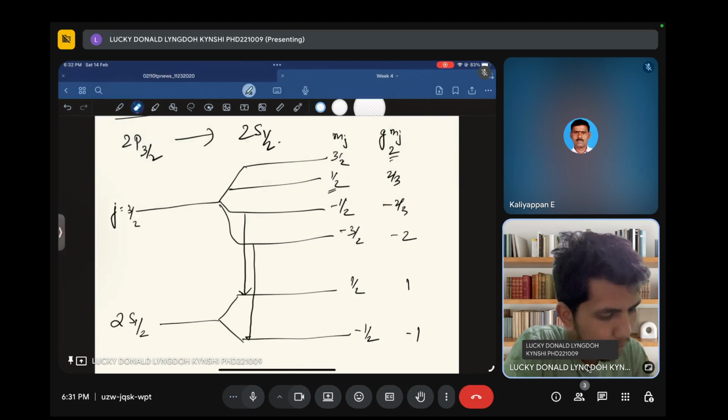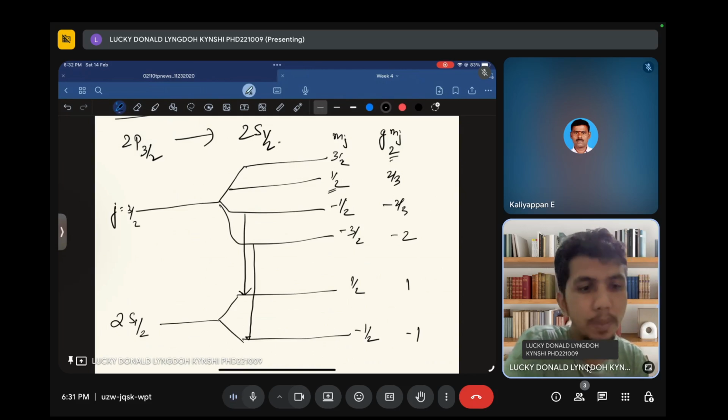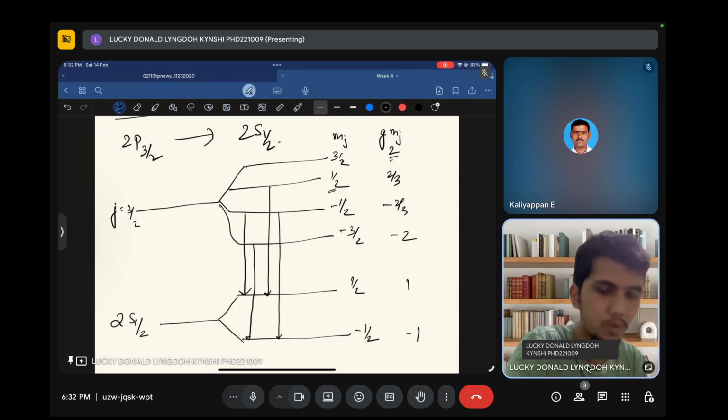Now similarly the other transitions are not allowed. So 3 by 2 to half, why? Because your delta mj will be plus 2, and that is not allowed. Only delta mj equal to 0, plus minus 1 are allowed. Now the second part, half to half will be allowed, and minus half to minus half are also allowed.